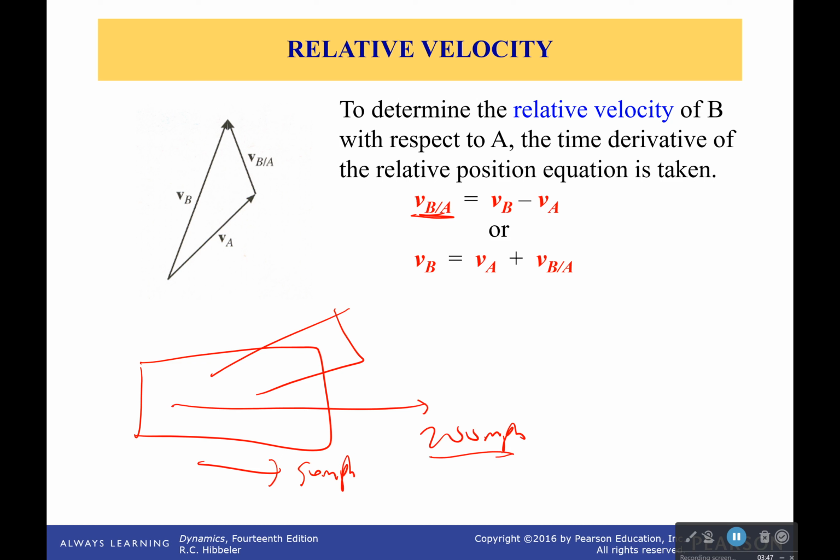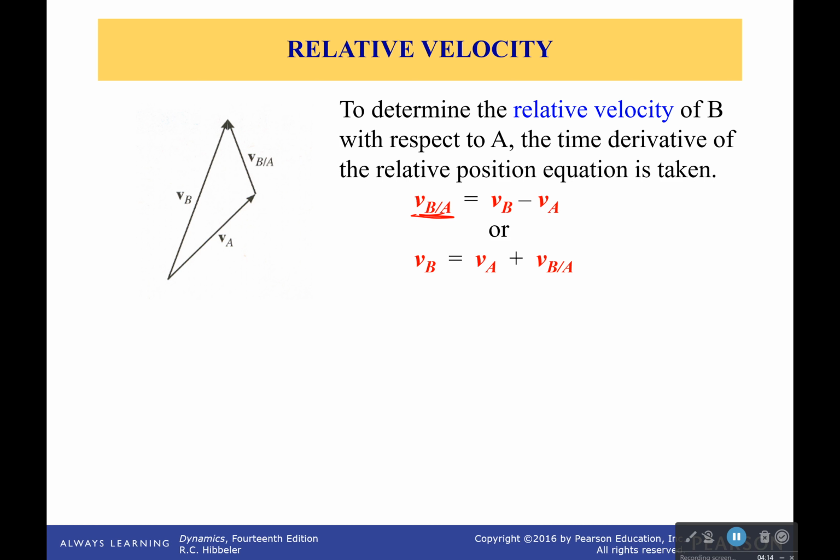So the relative velocity of this compared to my aircraft carrier is 150 miles per hour. And similarly, the relative velocity of the aircraft carrier compared to my plane is negative 150 miles per hour. If you're wondering why it's negative, it's because if you are considering yourself to be stationary, then this aircraft carrier is going to look like it's moving backwards.